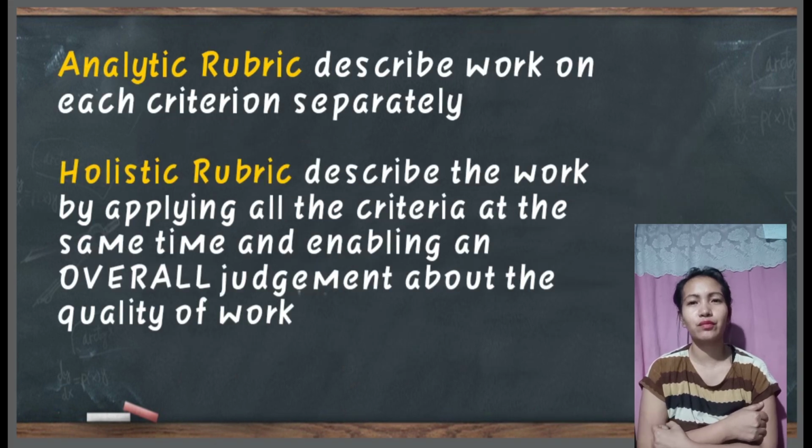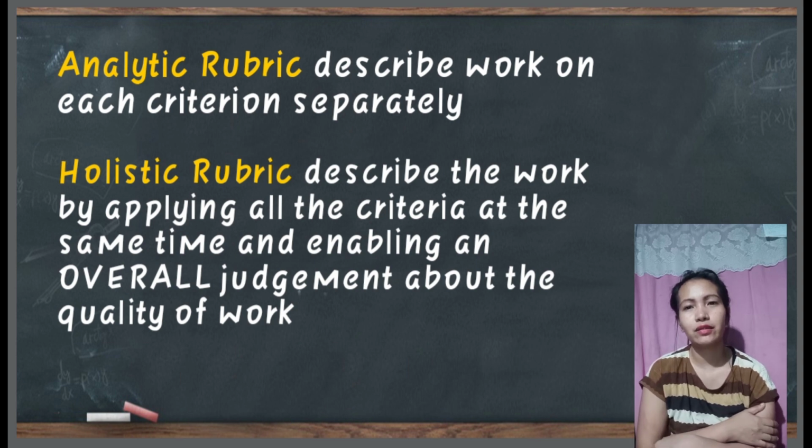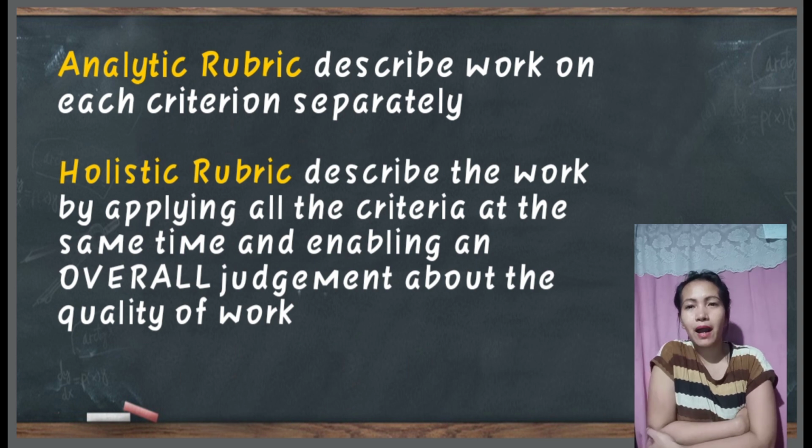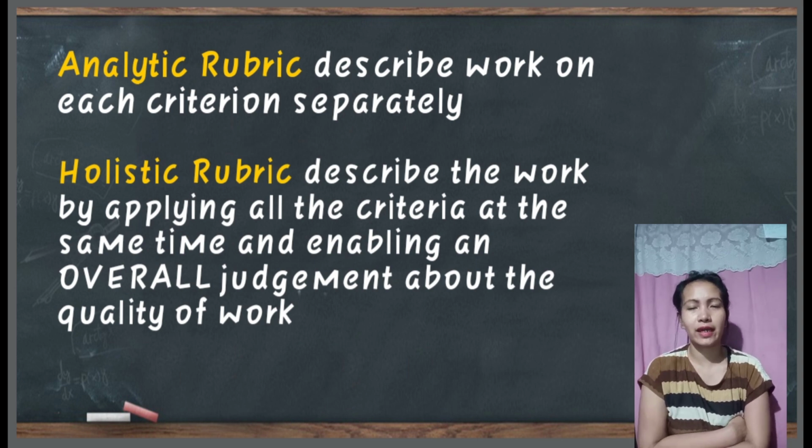So, analytic rubric describes work on each criterion separately. It utilizes separate, holistic rating of specific characteristics, products, or behaviors. Ito yung ginagamit para makapag-provide ng feedback on areas of strengths and weaknesses ng isang student.